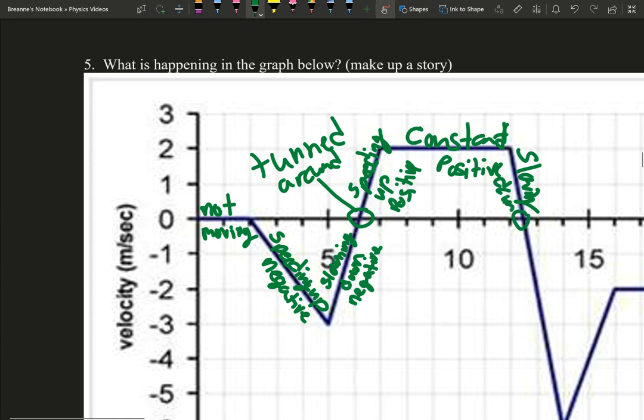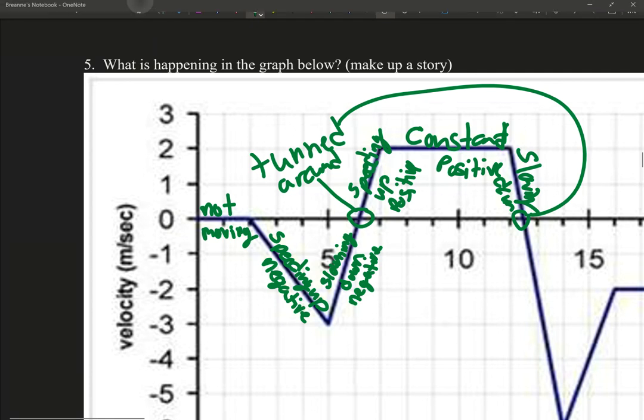Again, right here, you're turning around because you're crossing that x line. So we've now officially gone into the negative. Our numbers are getting bigger, so you're speeding up.